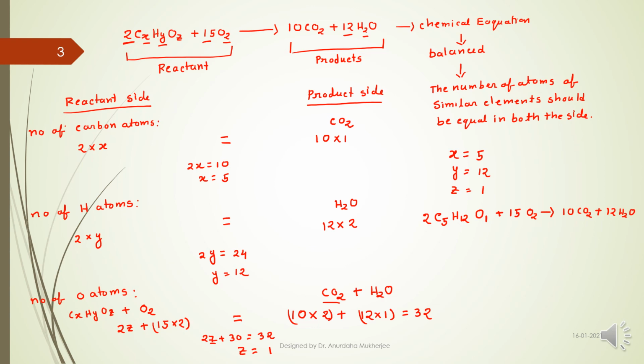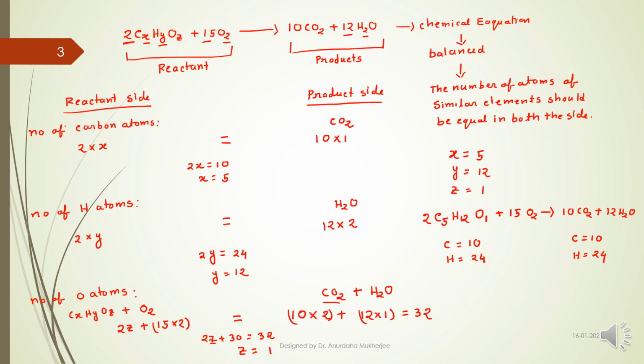Now if we check the total number of atoms on both sides: carbon atoms in the reactant side are 5 into 2, 10, and in the product side 10. Hydrogen atoms in the reactant side are 2 into 12, 24, and in the product side 12 into 2, 24.